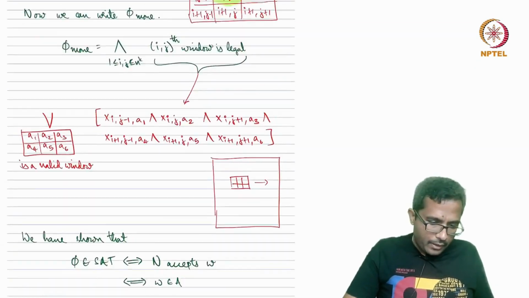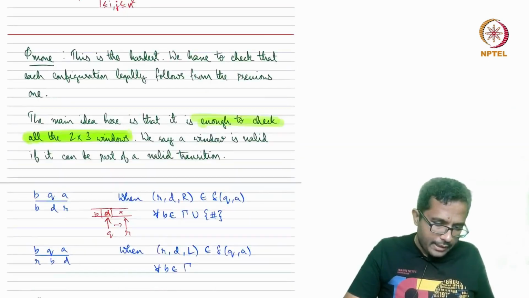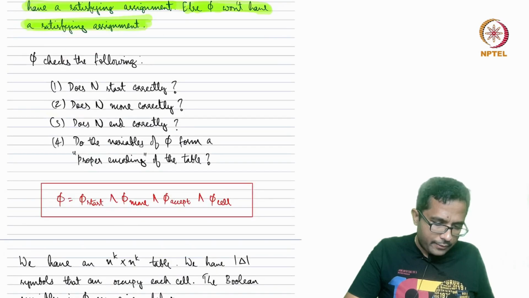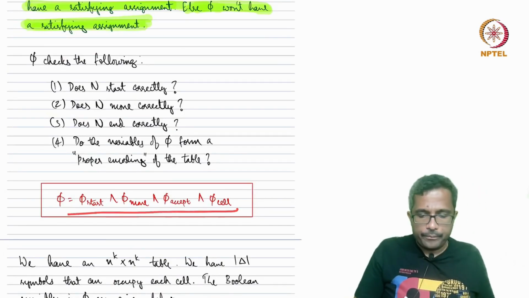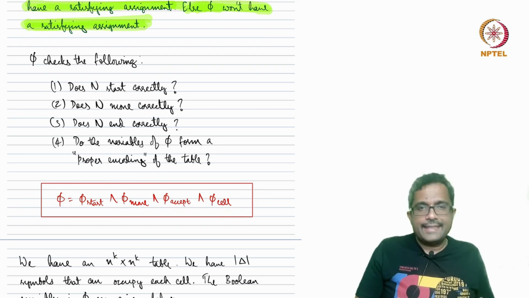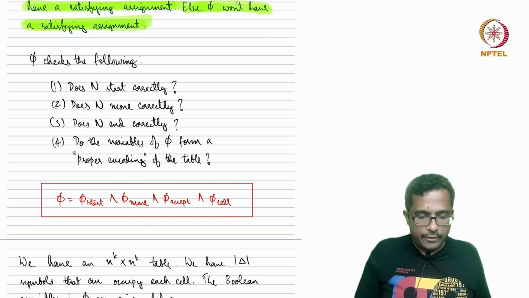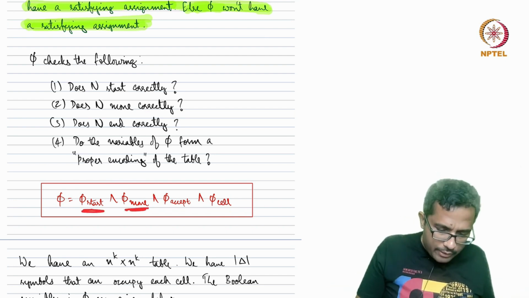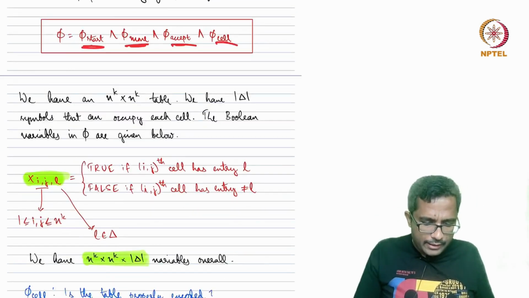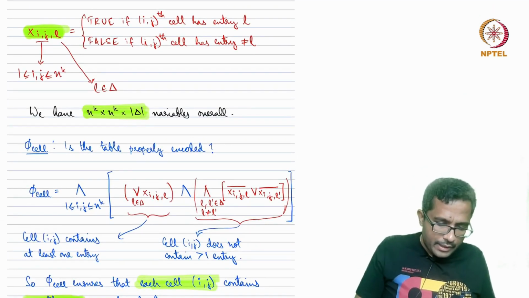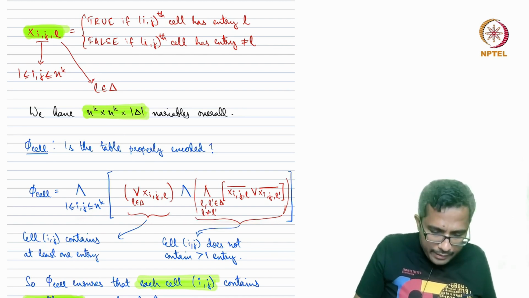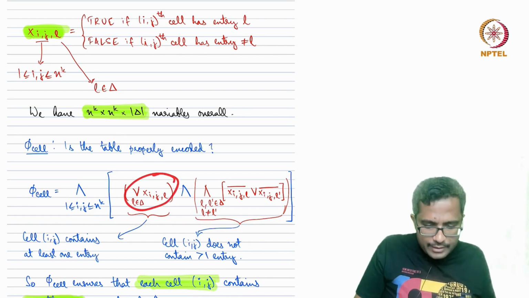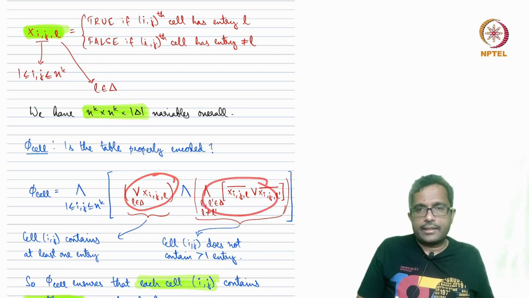So first, the formula is an AND of 4 things, right? Phi start, phi move, phi accept, and phi cell. A CNF means an AND of ORs, an AND of clauses. So we will show that each one of them is a CNF, and this is not that difficult. Phi cell is basically already an AND of something, and this can be considered as one clause and this can be considered as another clause.